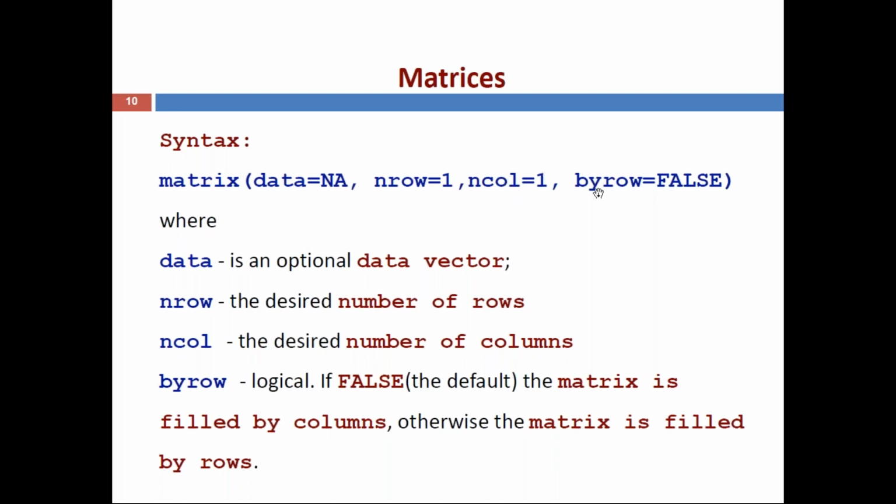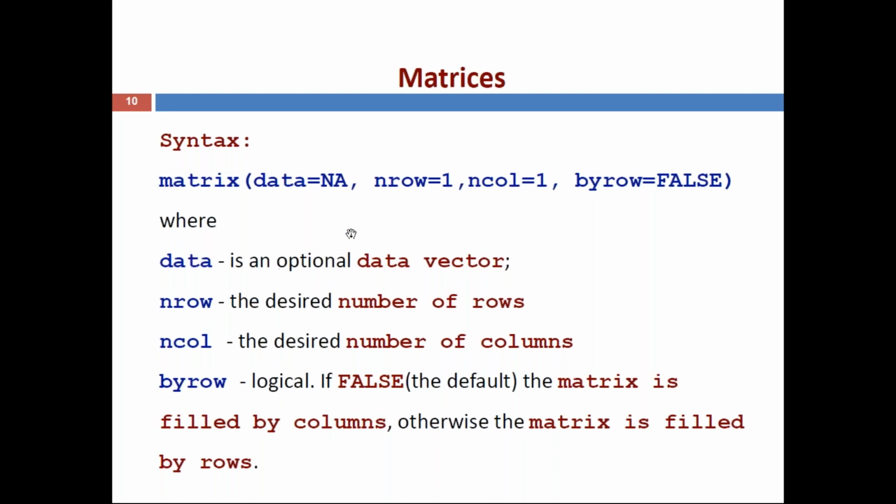Whenever you give byrow equal to TRUE, then the matrix is filled row-wise. First row, then second row, then third row, like that. How that can be done, we will see with demonstration.